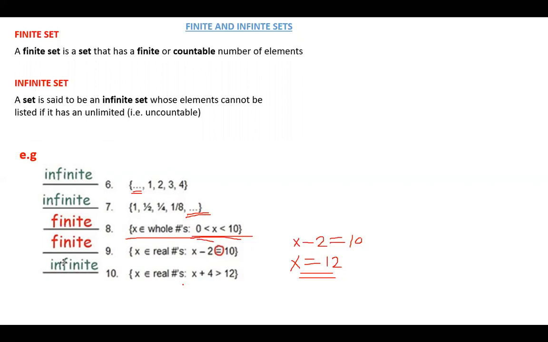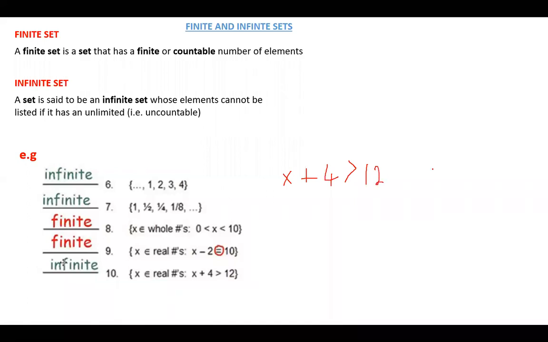Yes, now let us look at this one. Why do we say this one is an infinite set? When you try to get this one and solve it, you have x plus 4 being less than 12. So what you do is you take this 4 to the other side.